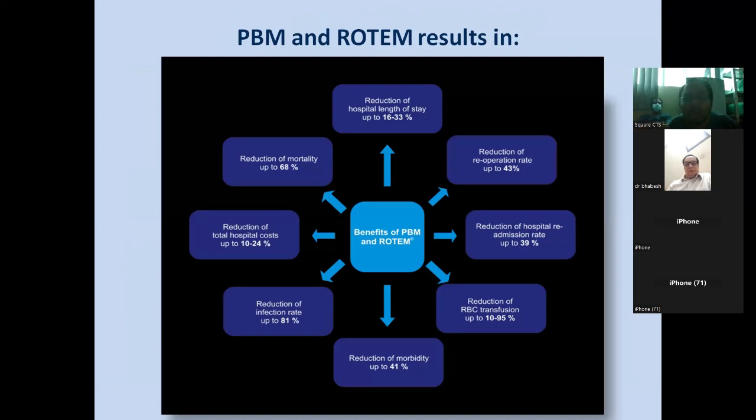Reduction of the reoperation rate up to 43%. Reduction of the hospital readmission rate up to 39%. Reduction of RBC transfusion up to 10 to 95%. Reduction of morbidity up to 41%. Reduction of infection rate up to 81%. Reduction of total hospital costs up to 10 to 24%. And reduction of mortality up to 68%.